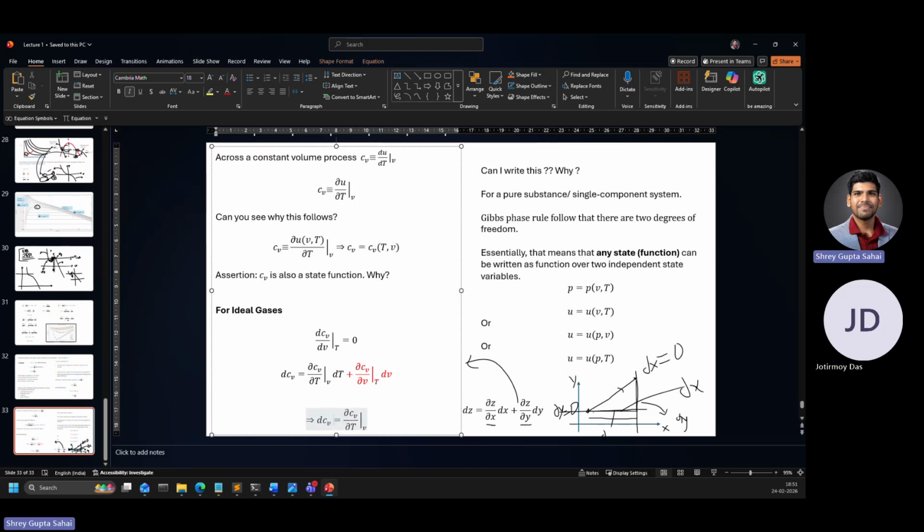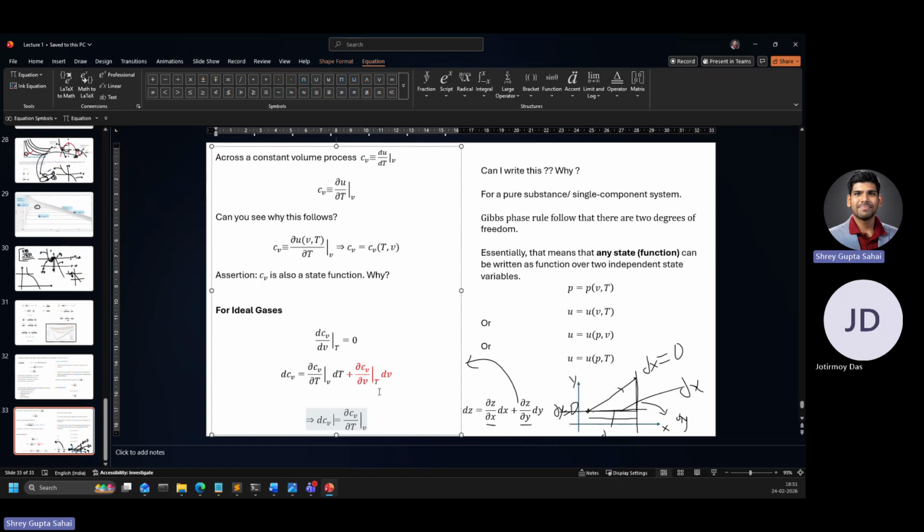And essentially then, this becomes that CV is only a function of T. Do you see why? Here, this should also be partial.